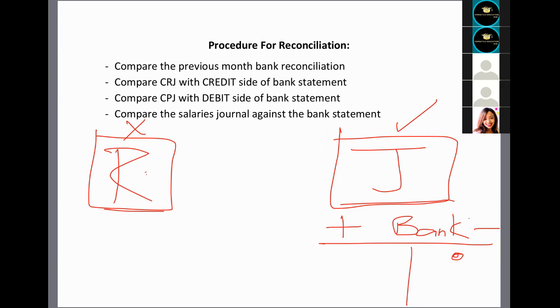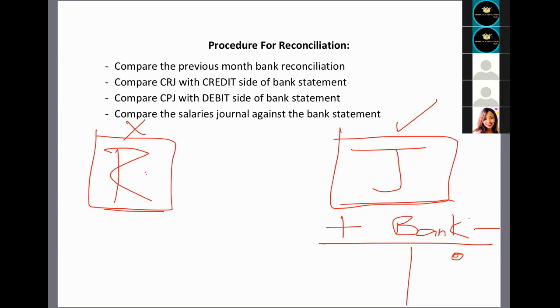Yes. Okay. So now let's say we have an outstanding deposit that appears on my journals, but not on my bank statement. Where is it going to go? It must be credited as an outstanding deposit. Where? In my recon or journal? In the reconciliation. Yes, perfect.